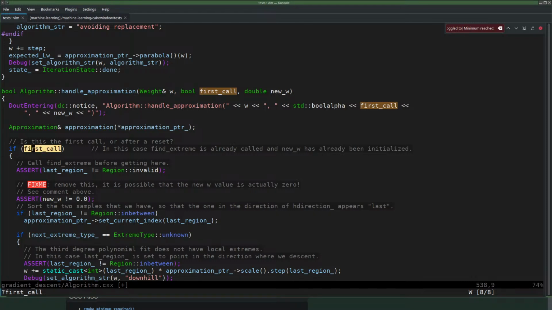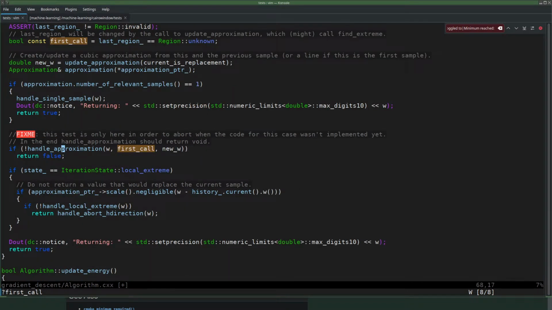Well, this is not true. This is only true if approximation is on the stack still and not a local extreme, and you have 2 samples. Okay, so suppose we have only 1 sample, then what happens? Well, then we go here and return there. So if we get here, then we do have two samples. That's one thing.